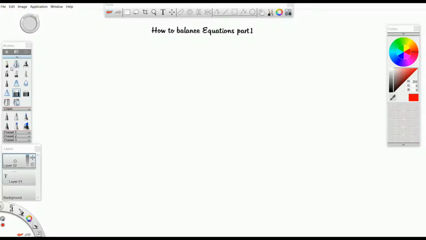Right, so going back to what I was going to do, how to balance equations. Now if you have an equation, the sign for equation is equal. Okay, kind of difficult to do this with a mouse.